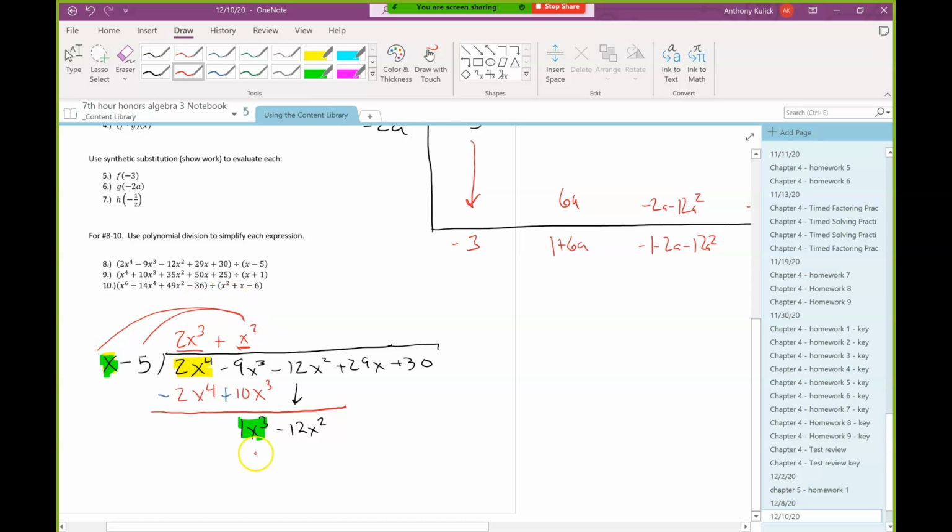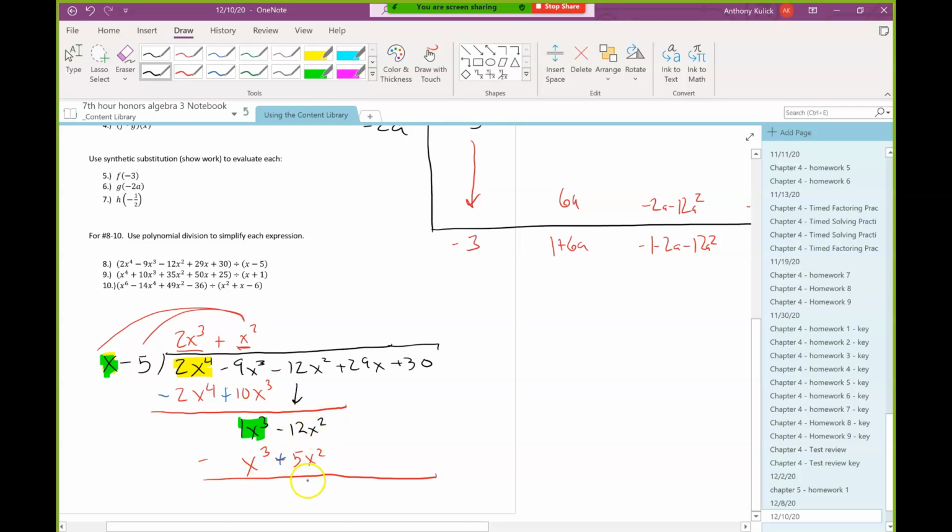So multiply that to both parts of the divisor, and then subtract down. And again, I like to distribute the negative through. 1x cubed minus x cubed is 0.